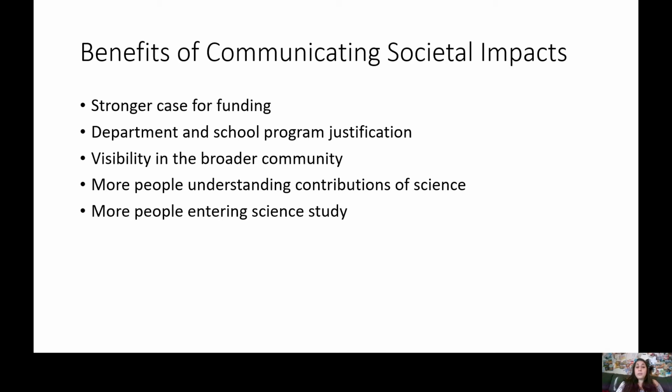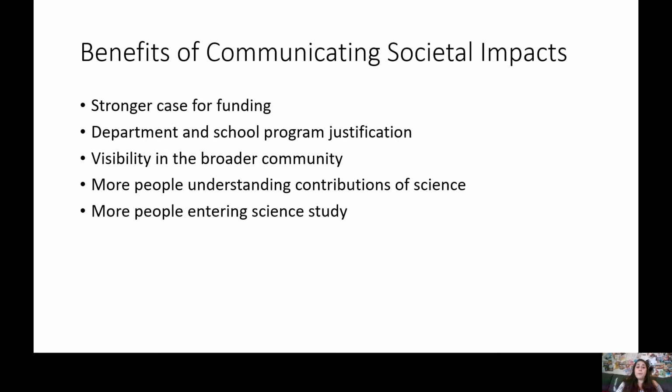This leads to tons of benefits back to you, in terms of a stronger case for why you should be funded for your projects, and your job in general. But also it gives you visibility in the broader community. When more people have an understanding of science, it generally contributes to the whole.